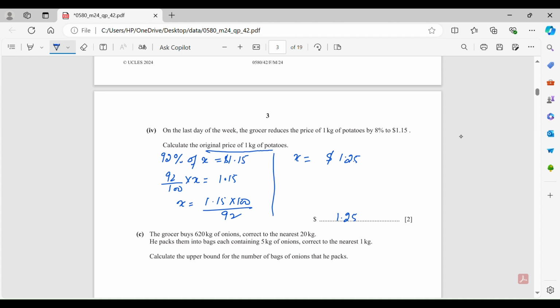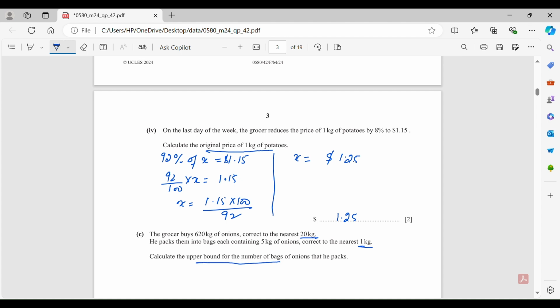Next, C part. The grocer buys 620 kg of onion, correct to the nearest 20 kg. He packs them into bags, each containing 5 kg of the onion, correct to the nearest 1 kg. Calculate the upper bound of the number of bags of onion that he packed. Yes, we have to find the upper bound of the number of bags.